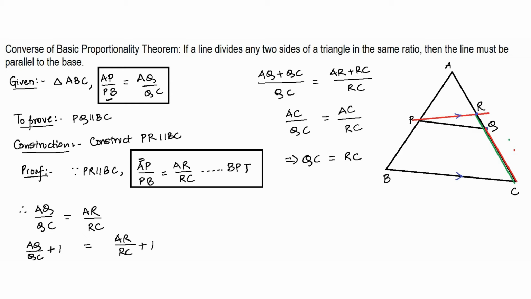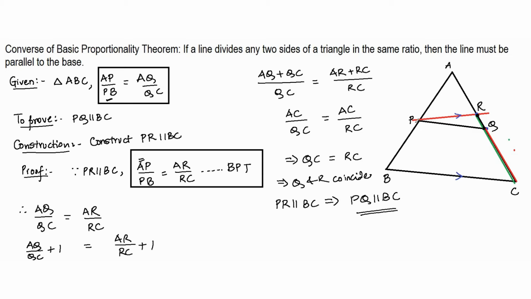So this means since QC is equal to RC, Q and R coincide, and since PR is parallel to BC, and Q and R are actually the same points, this basically means that PQ is also parallel to BC. So this is how we prove the converse of BPT.